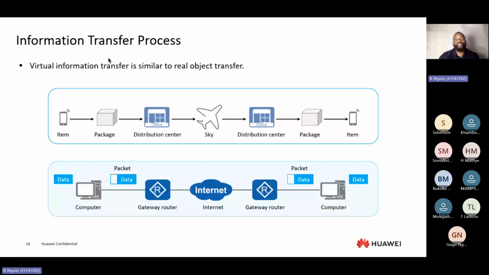Okay. So the way information or data is transferred is exactly the same way as a delivery process. If you have a certain item that you need to send somewhere, you take that item, maybe you have it packed, right?